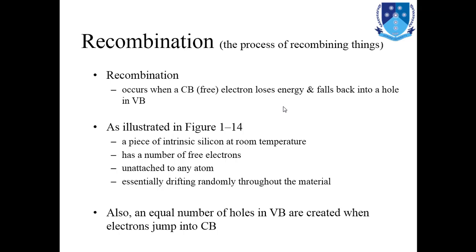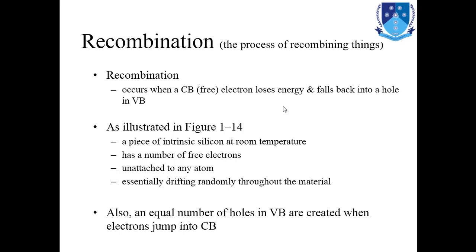As illustrated in figure 1.14 of our textbook, here a piece of intrinsic silicon at room temperature is considered. This piece of intrinsic silicon has a number of free electrons. These free electrons are not attached to any atom, and they are essentially drifting randomly throughout the material.